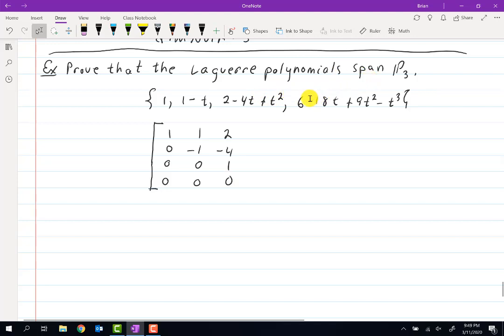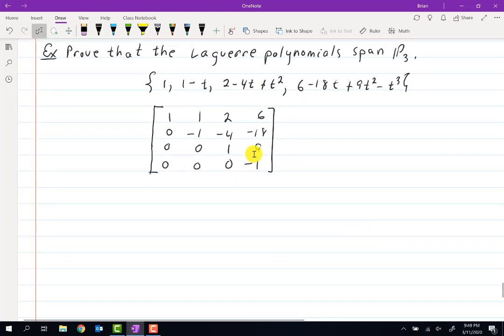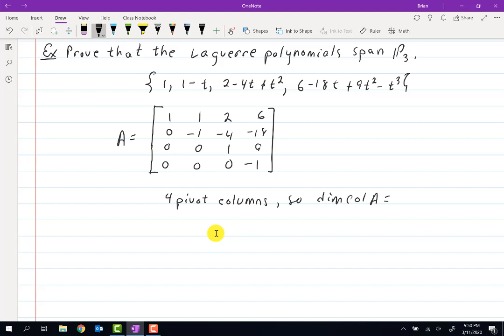And then finally, for this last polynomial, I'll have 6, negative 18, 9, and negative 1. Well, not much to do here. You can see from this that we have 4 pivot columns. So the dimension of the column space, let's call it A, just to give it a name, equals 4.